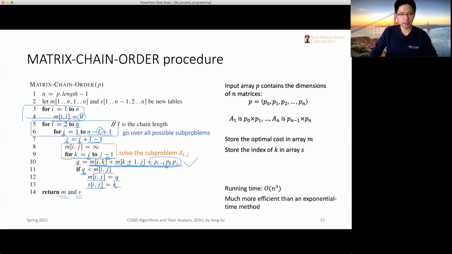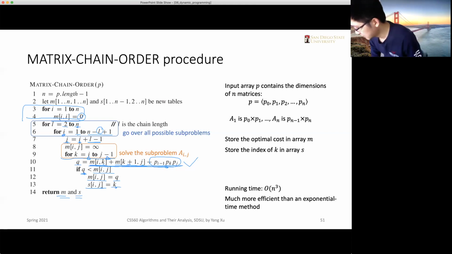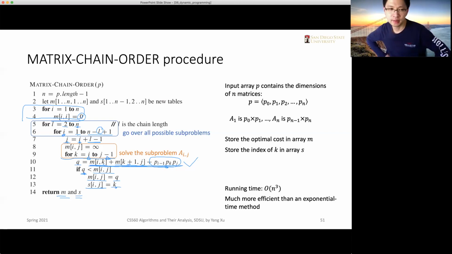If we analyze it quickly, it is actually big O of n cubed, n to the power of 3. This is expected because the algorithm is written in such a triple for loop way, and that is also the scale of the subproblem space.